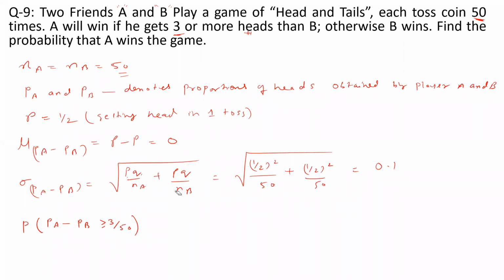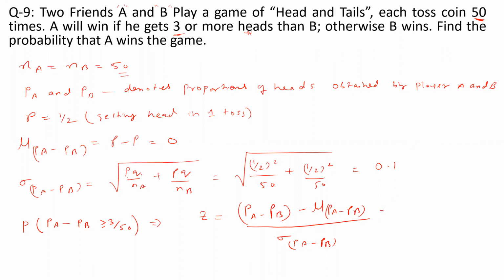So to answer this question, again you have to use the standardized normal variate. So you have the formula: capital P_A minus capital P_B minus mu of P_A minus P_B, whole divided by standard deviation of P_A minus P_B.